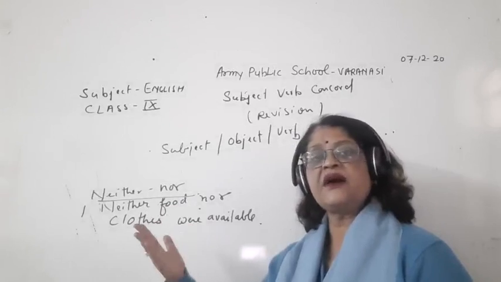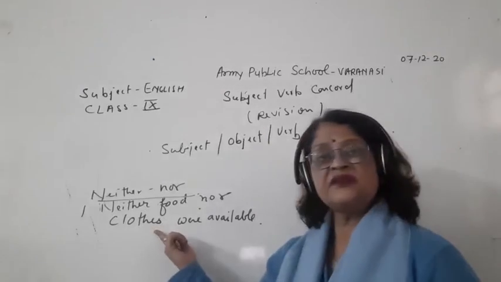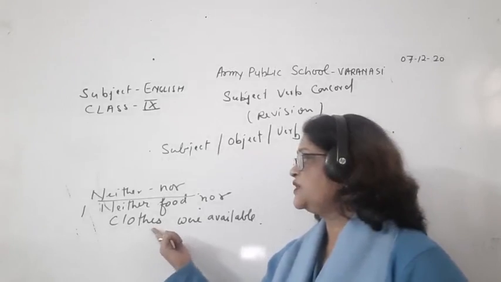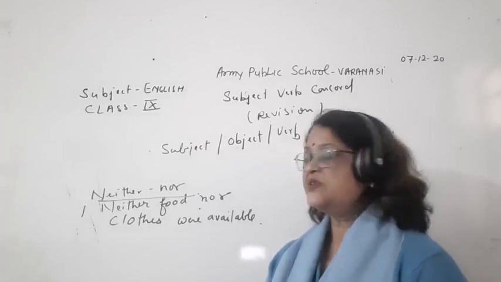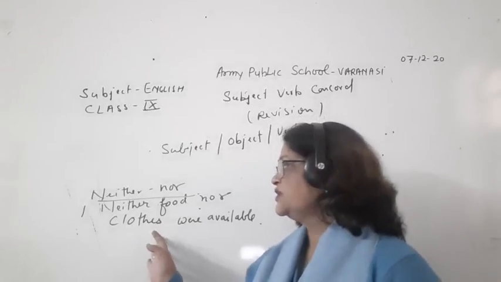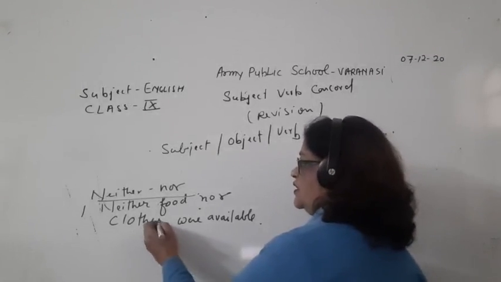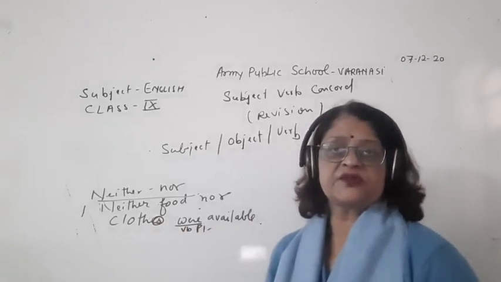Here, the noun which comes later is clothes. So the verb will be according to this noun. This is plural, so the verb will be plural. I hope you have understood.